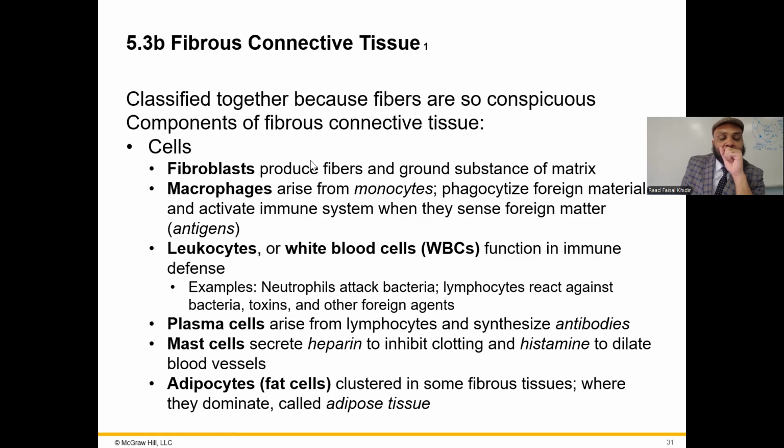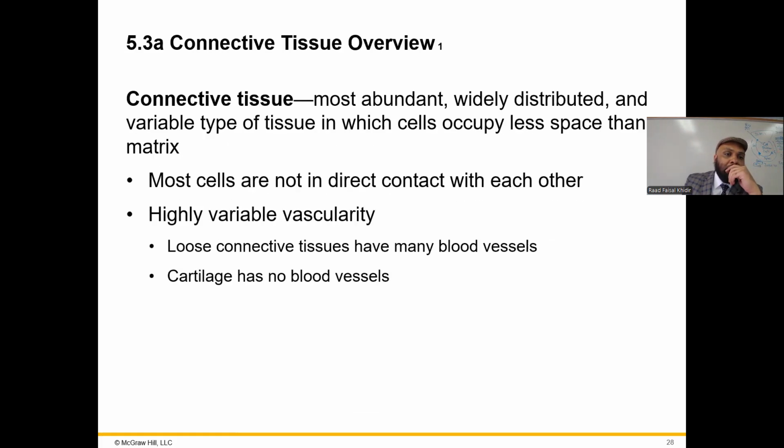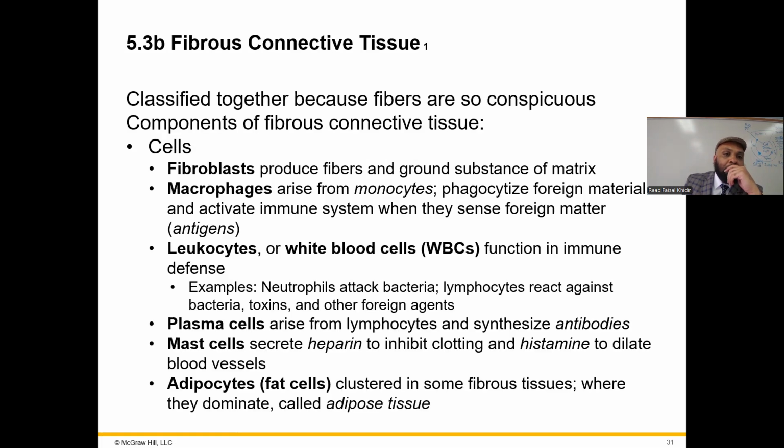Fibrous connective tissue. Fibrous connective tissue is classified together because fibers are so conspicuous. So connective tissue is divided into fibrous connective tissue, and this fibrous connective tissue is made up of fibroblasts. We already alluded to that.